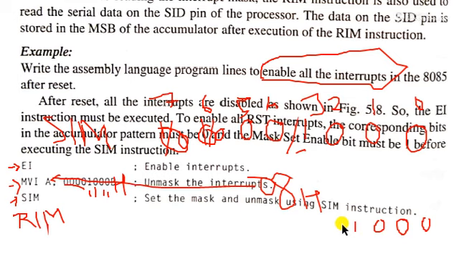That's why this bit will be 1, and it is also 0 for serial input data. That means RST 7.5 is 0, not in pending state. It is in operation state. And RST 6.5 and 5.5 are in the pending state. That means these two interrupts are to be performed after completing this interrupt.